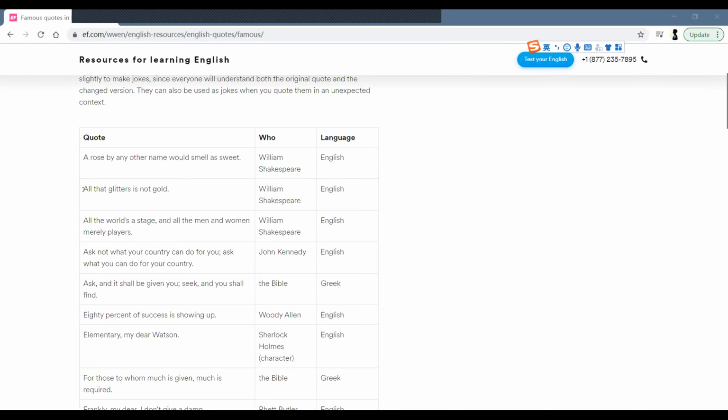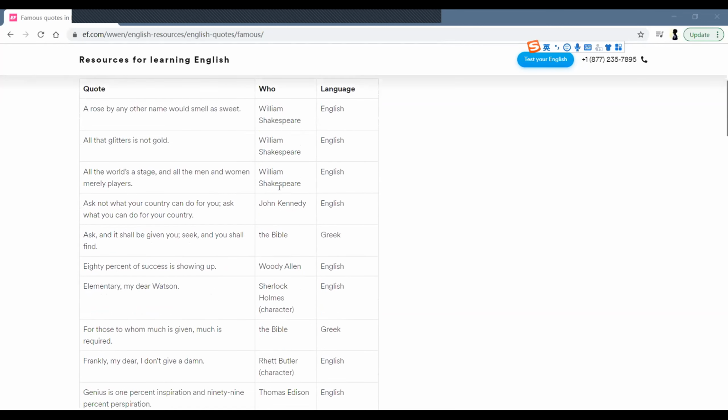And the next sentence, also from William Shakespeare, is all that glitters is not gold, which means, for example, there's something called fool's gold, which is kind of an alloy of iron that looks very similar to real gold, but people will always misunderstand it as real gold, and they dig it and take it back to their home and find that it's not real gold.